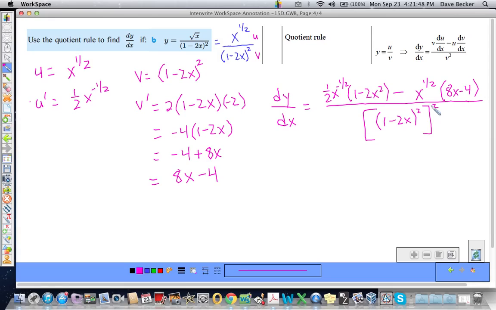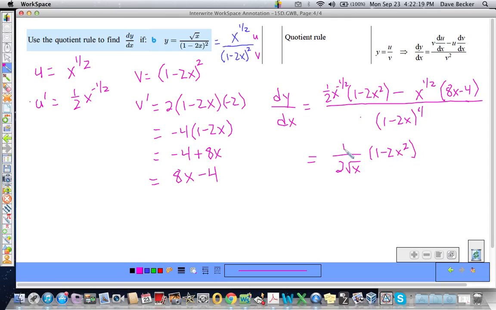And you should probably simplify this, at least the exponent. Exponent to another exponent, we multiply them, so 2 times 2 is 4, so I can write this guy as (1 minus 2x) to the 4th power. And we are done, really. The only other thing I might do if I had to find the gradient at a particular value of x is I might rewrite this, just to be safe, as 1 over 2 root x times (1 minus 2x) squared.